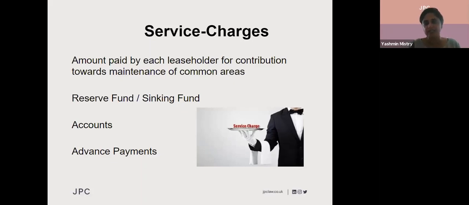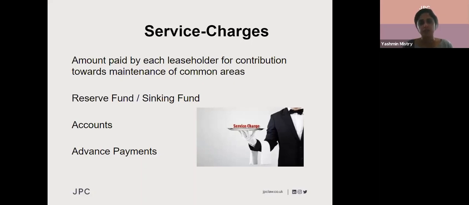There are some leases out there, I don't know how these operate for you as property managers, where service charges are payable in arrears. In that situation, the landlord or the management company has to incur all the costs of the service charge year, and then the leaseholder, once those costs have been incurred at the end of the year, pays the service charge on demand.